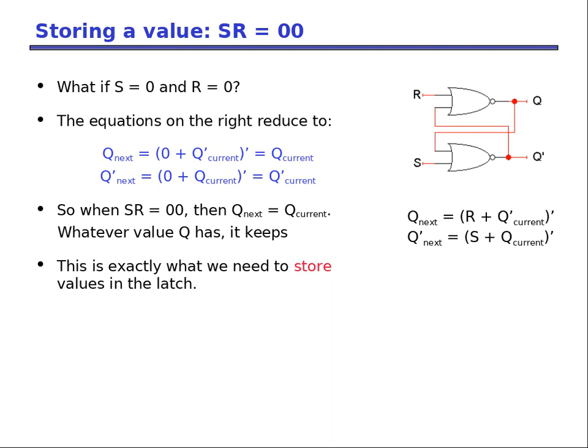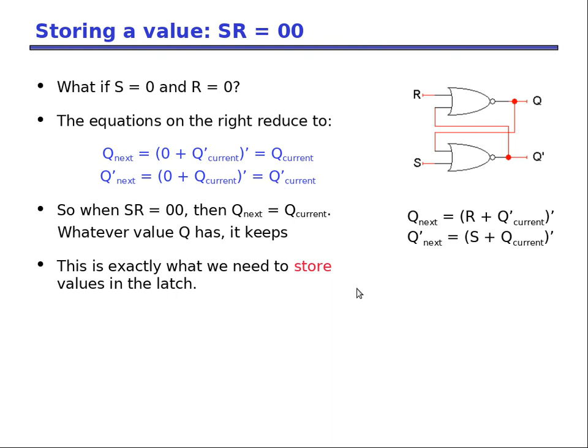So 0 or Q naught current. Well, that makes the 0 superfluous, right? Because it's an OR. So it's really just Q naught current, and then you're knotting the Q current. So if you knot the knot, it becomes Q current. Right. We'll be writing this all out. And then Q naught next is equal, well, you just do the same trick, but now it's Q naught current.